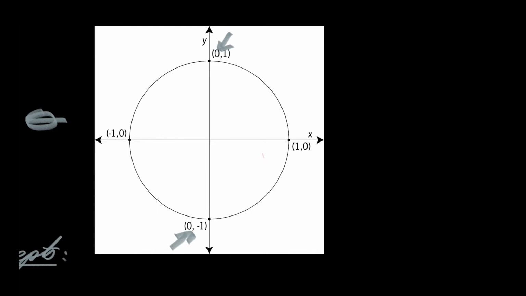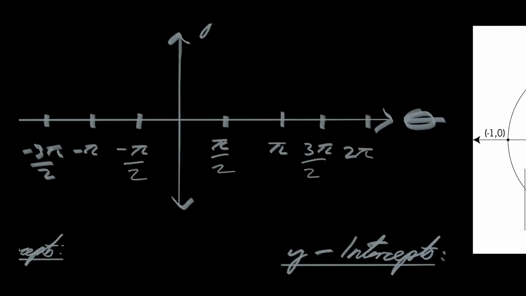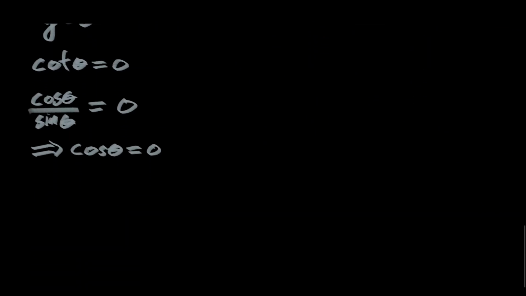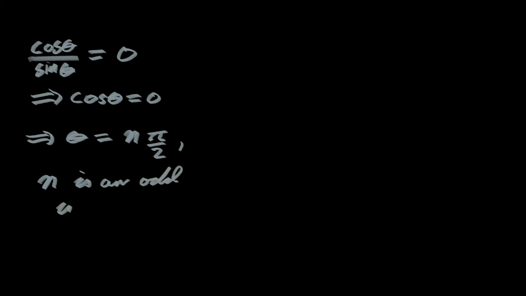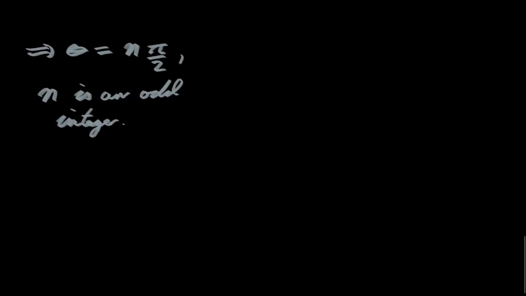So this implies that theta is equal to n pi on 2, where n is an odd integer. The mathematical way to express this would be that n equals 2k plus 1, where k is an integer.